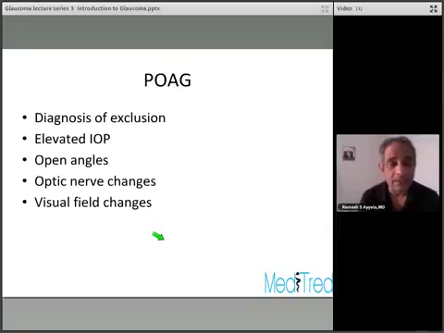So gonioscopy is a must. You have to do gonioscopy to make a diagnosis of open angle glaucoma. Then optic nerve changes that are characteristic of glaucoma, which we have covered in the previous lectures, and characteristic visual field changes. And there will be a lecture forthcoming in the near future on visual field.